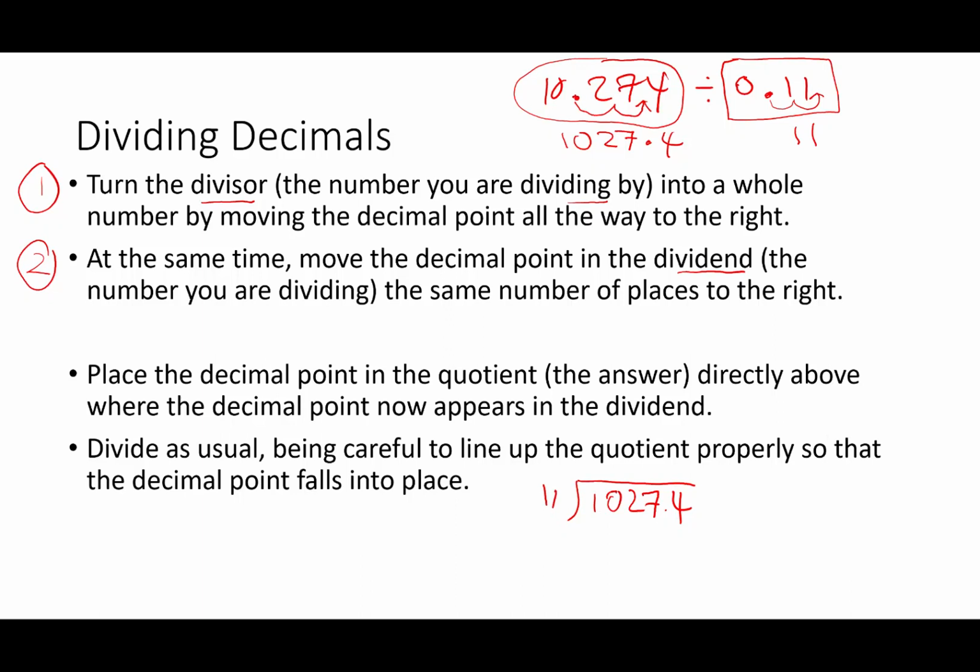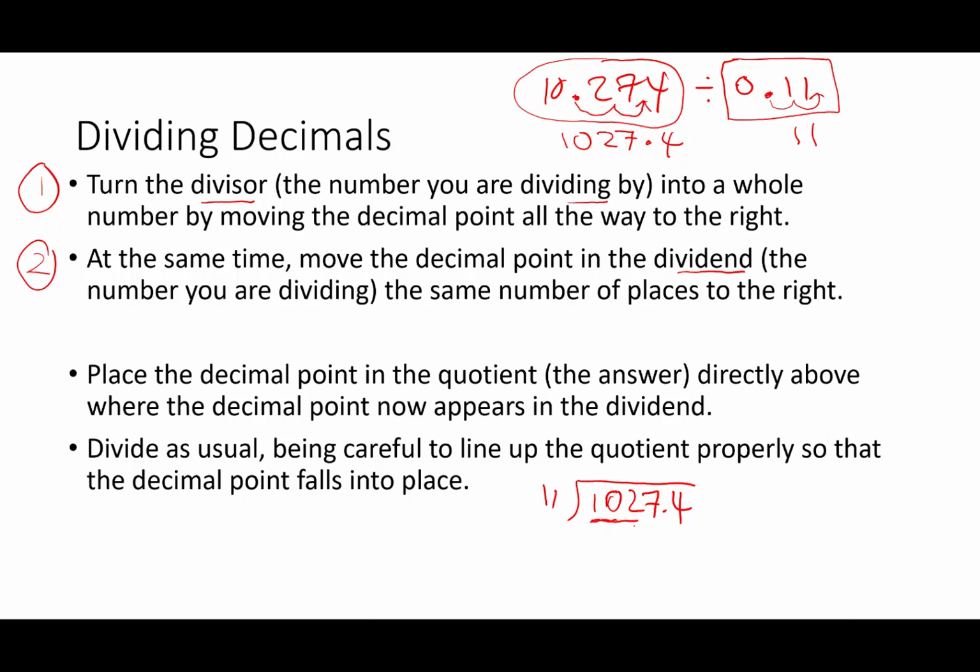So look at the dividend 1027.4, right? We will do it step by step now. Look at the first number, 1 cannot be divided by 11. Then we look at two numbers, 10 is also not enough to be divided by 11. Then we look at 102, right?